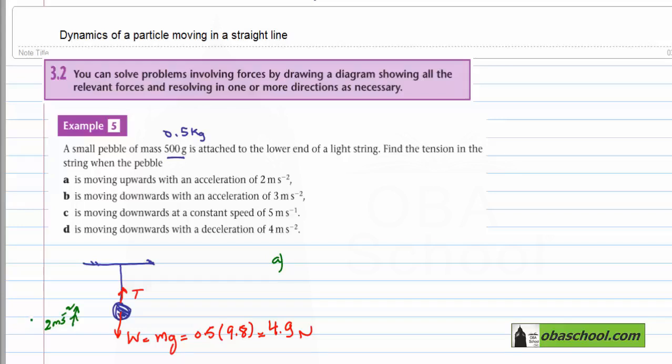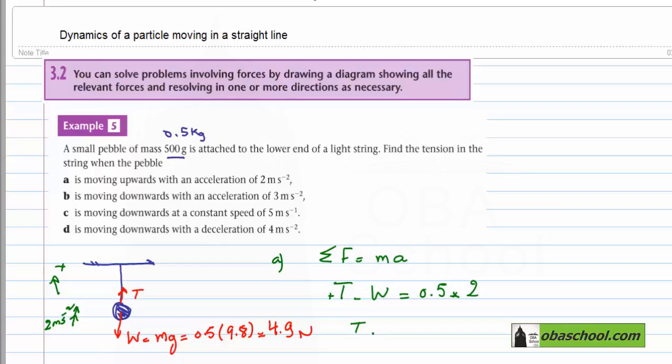Next, let's sum the forces along the y-axis, where the summation of forces along the y-axis is equal to ma. Then the summation of forces along the y-axis is plus T, acting upwards and positive, minus W, acting downwards, thus negative. Then T minus W is equal to ma. Mass is 0.5 kilograms and acceleration is 2 meters per second squared.